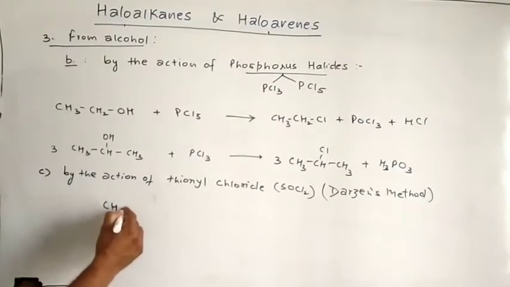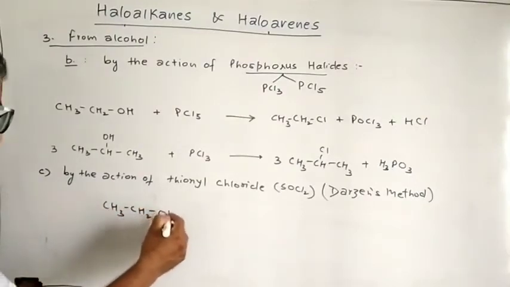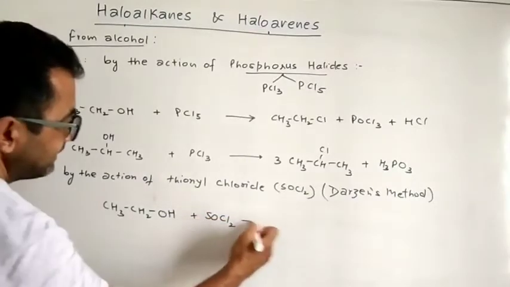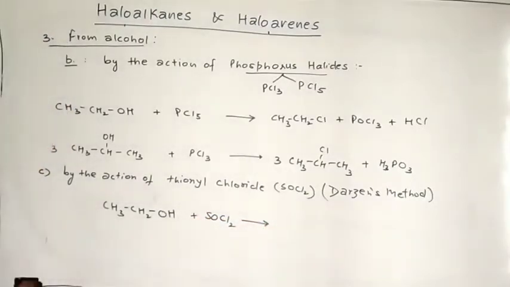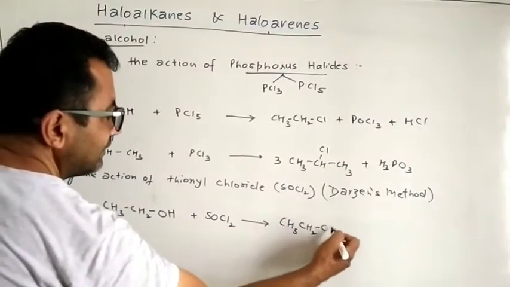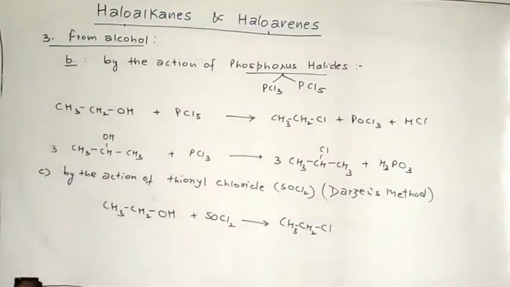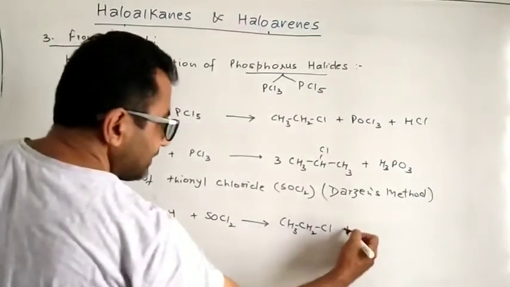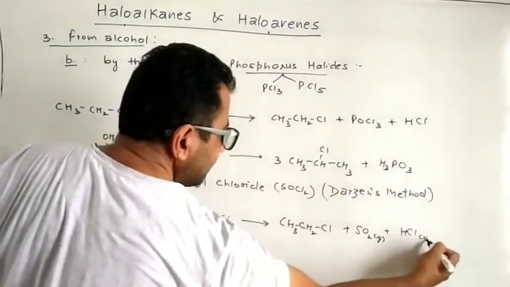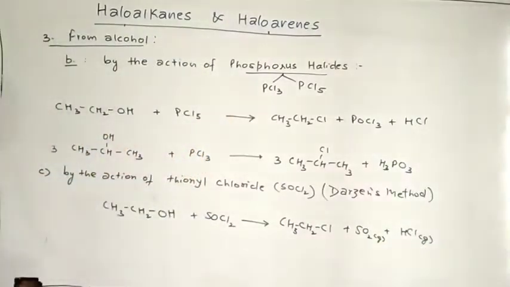So in this case, if we take ethyl alcohol, adding thionyl chloride, it immediately changes into this ethyl chloride plus SO2 gaseous form, HCl gaseous form is produced.